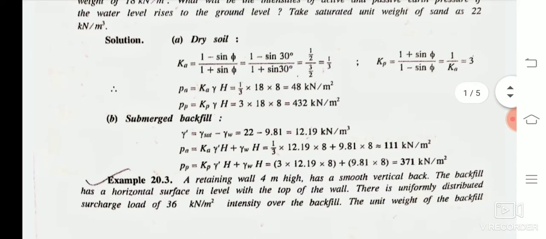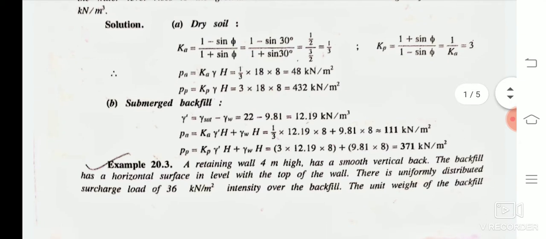And what is the passive earth pressure? It is Kp into gamma into H. Substituting 3 into 18 into 8, it is 432 kilonewton per meter square. So this is the value of active earth pressure and this is the value of the passive earth pressure.